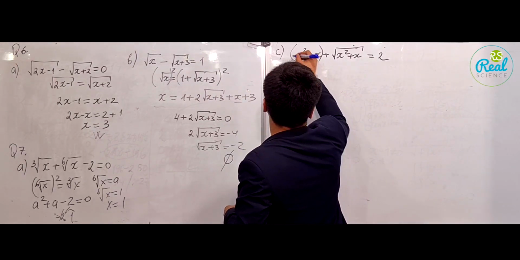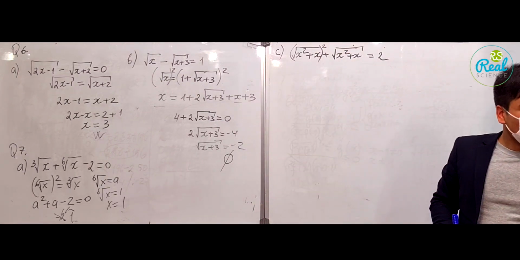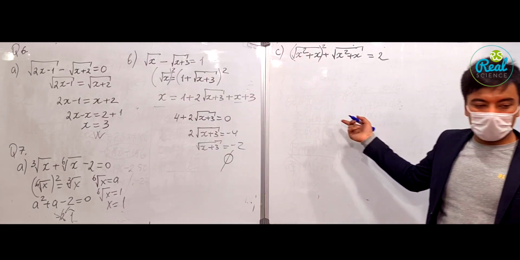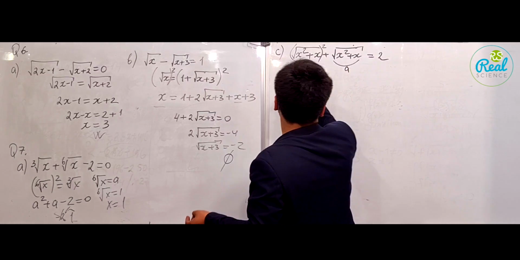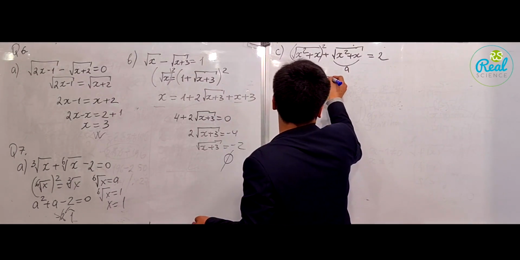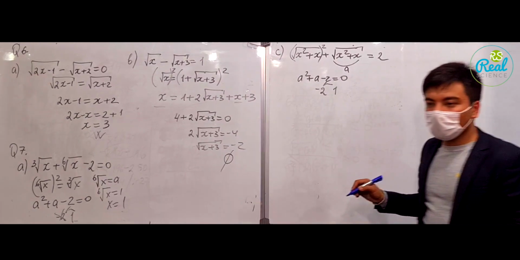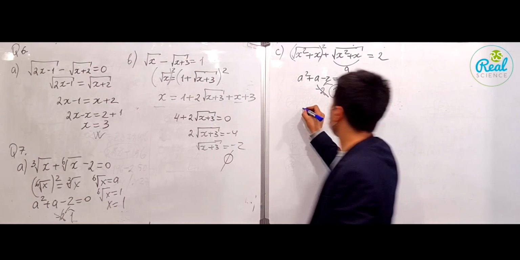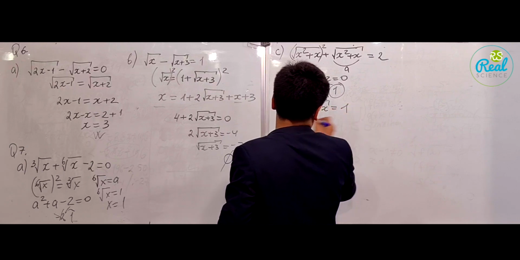But there is no root and no power, so we can rearrange it now. When you reduce this, again x squared plus x, the same thing. That's why, students, again, a squared plus a minus 2, a equals minus 2 and 1. And a square root cannot be negative, only 1. X squared plus x equals 1.